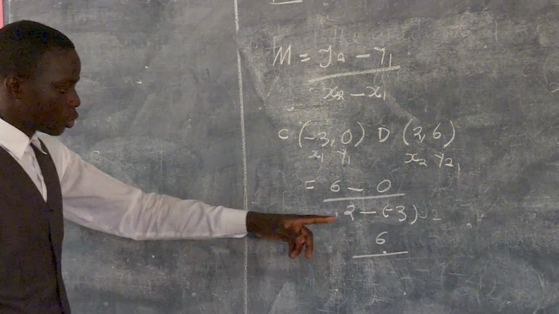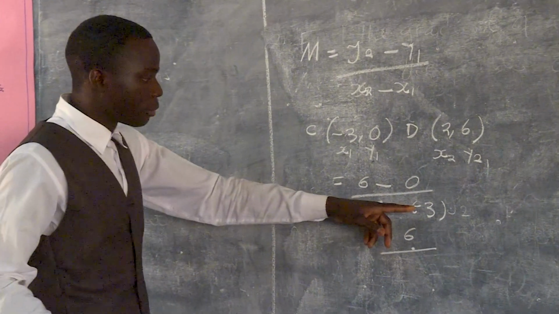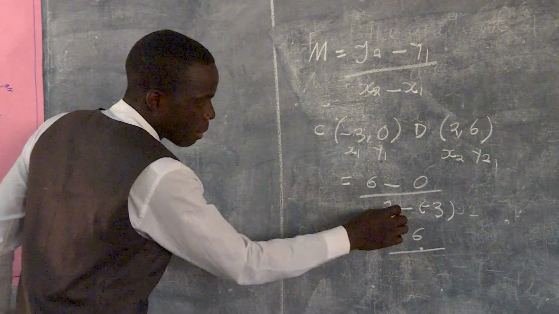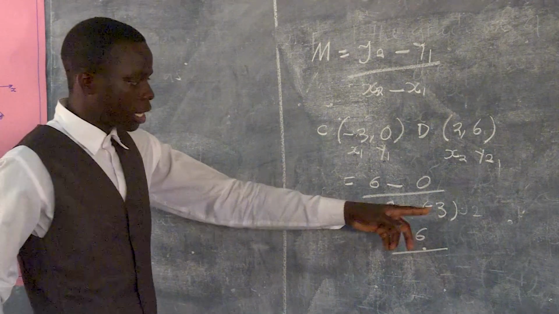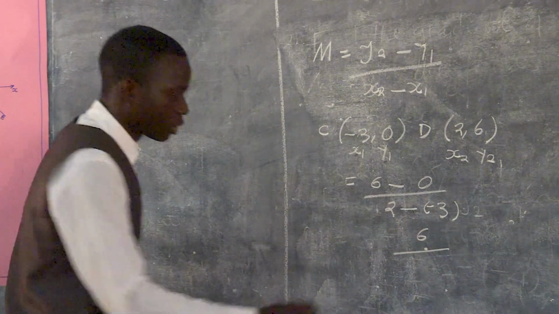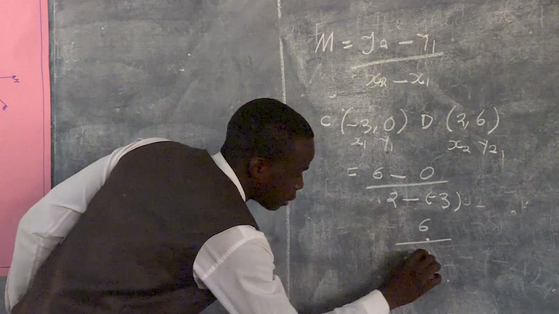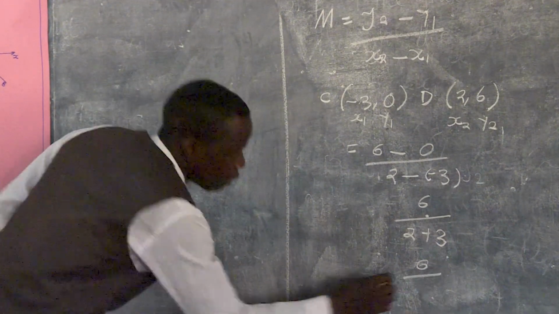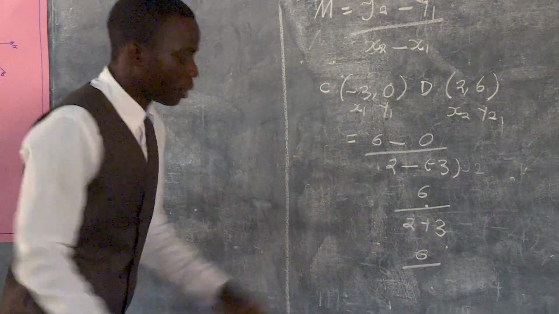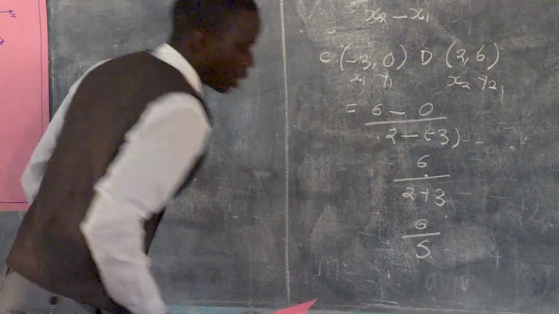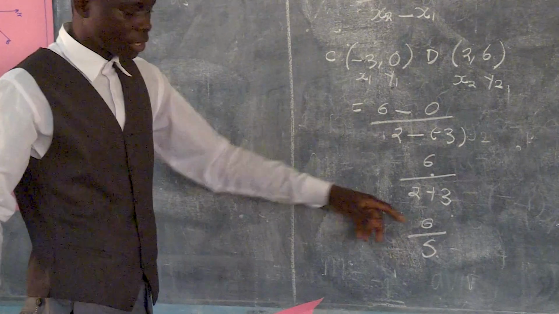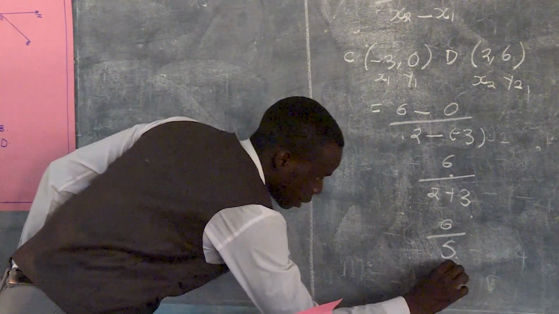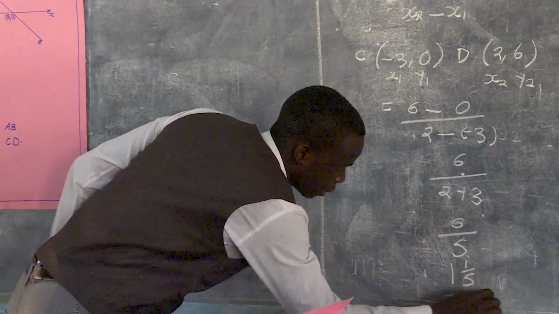Over 2 minus -3, which is negative times negative, which is positive. 2 plus 3, which is 5. So 6 over 5. This 5 can go into 6, which is 1 remainder 1, so 1 and 1 over 5. This is the gradient.